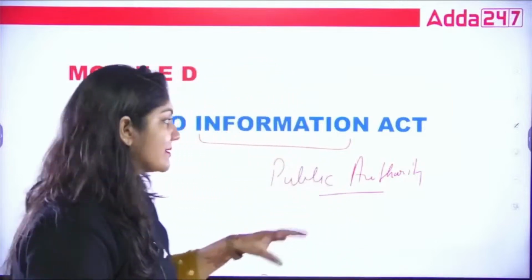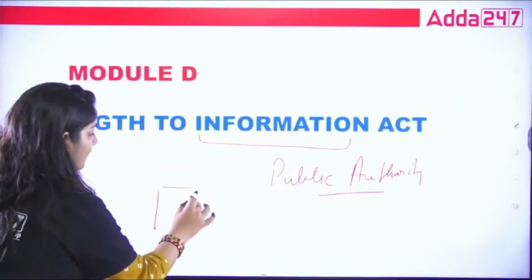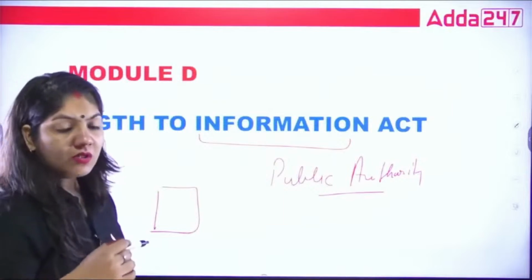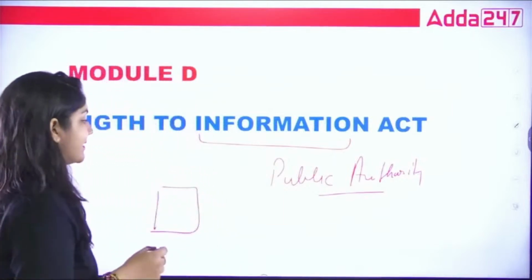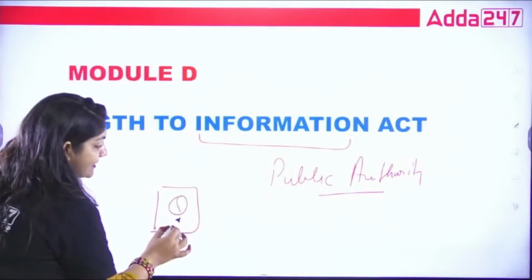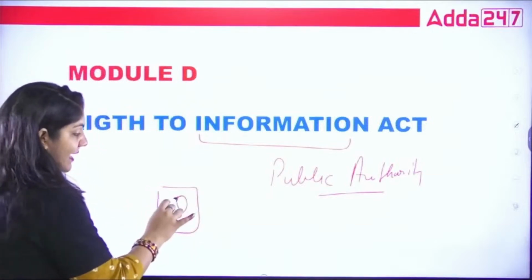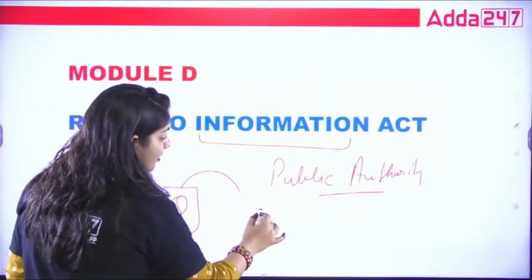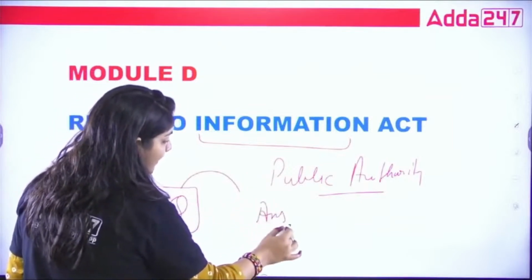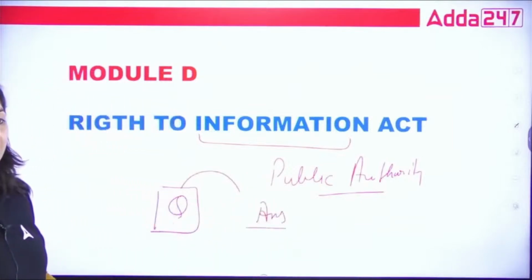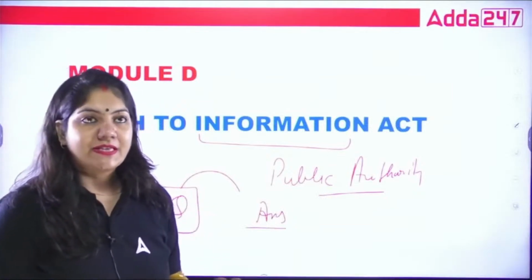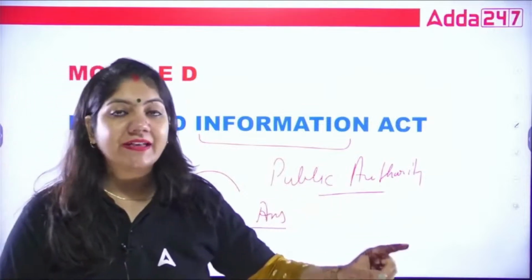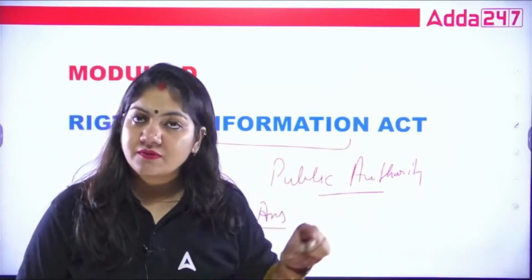RTI is basically a form. RTI is not filing a suit. If you fill the RTI form, you are simply asking a question, and for that question the public authority has to give the reply. So this is the basic thing about right to information. It will only take 10 rupees. Within 30 days, the public authority has to give the information.